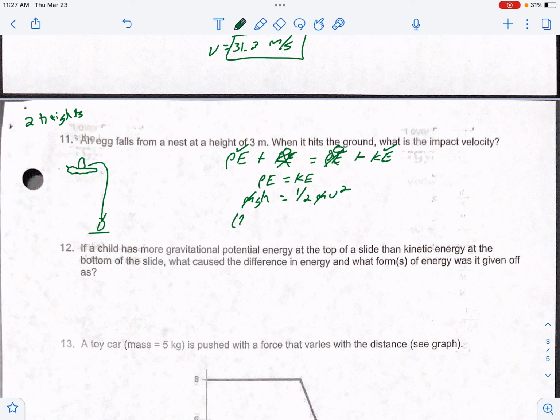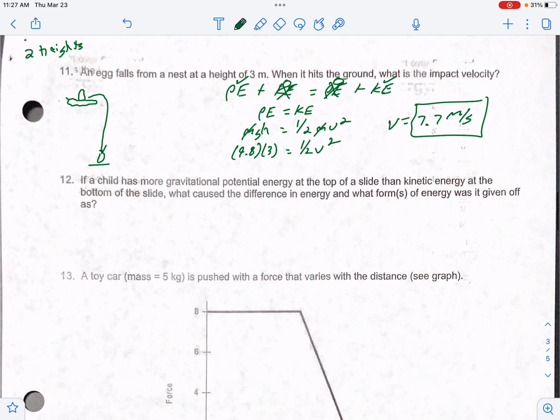Gravity is 9.8. My height is 3 meters, equals 1/2 v squared. So get v by itself, and we should get a velocity of 7.7 meters per second. So that's actually how you can solve that problem with just one number. All I gave you was height, because we marked out so much, all you needed was 1.